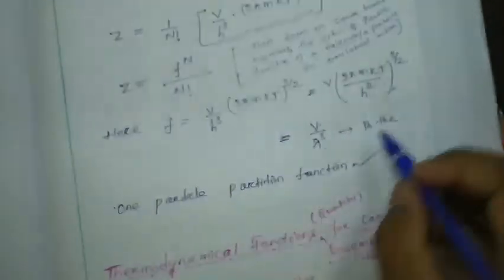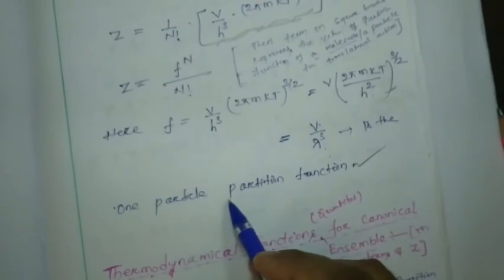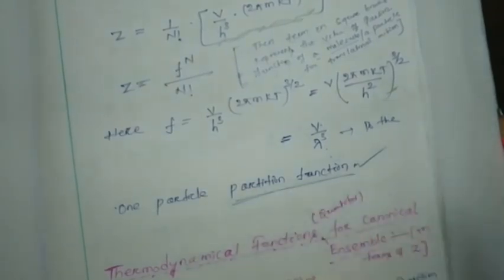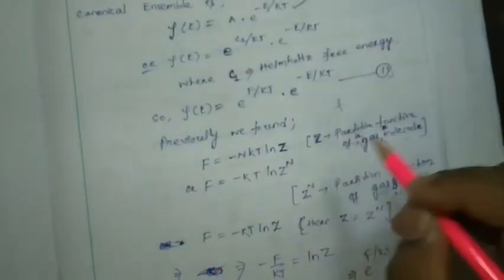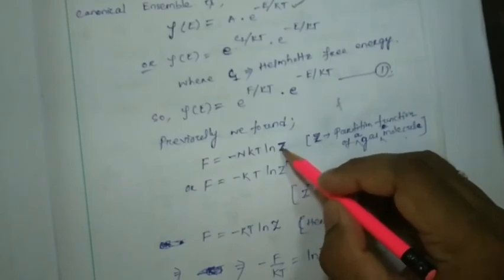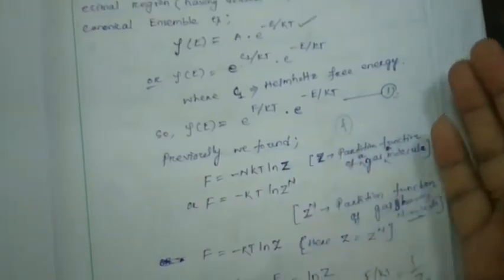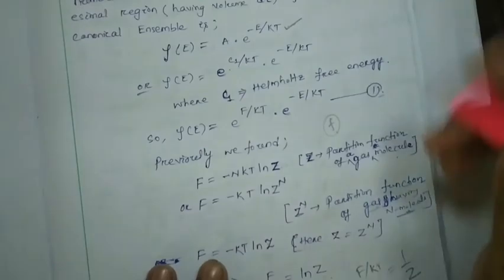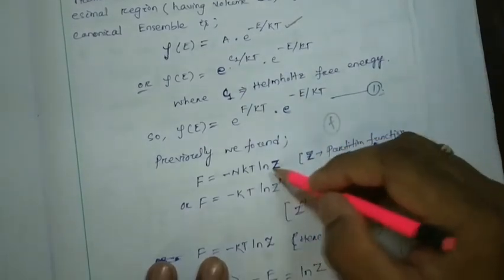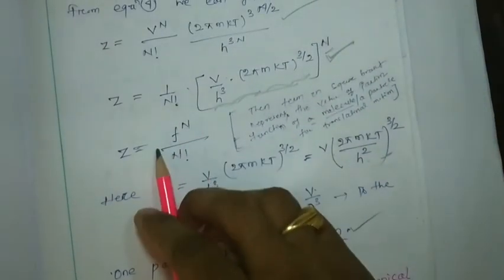F is the one particle partition function. I told you initially, whenever I discussed these things, that for one particle it can be written as f. Instead of writing Z, we can write f. Some books, like Satya Prakashan and others, do not mention it, but here it is mentioned.